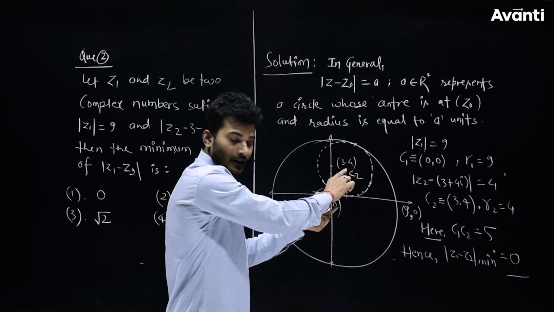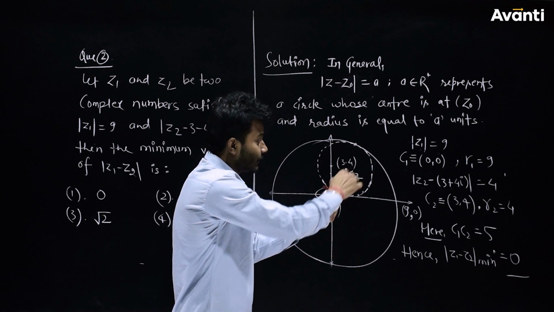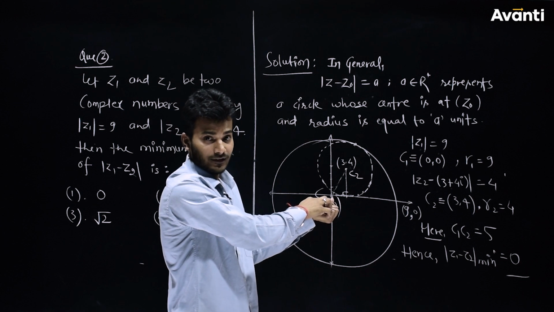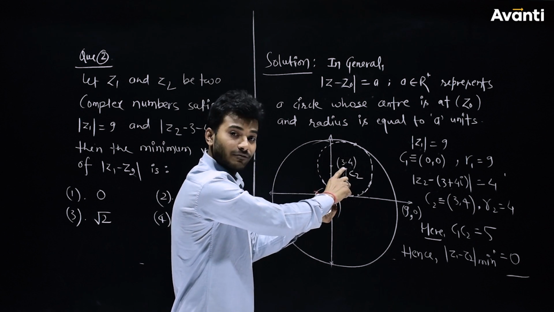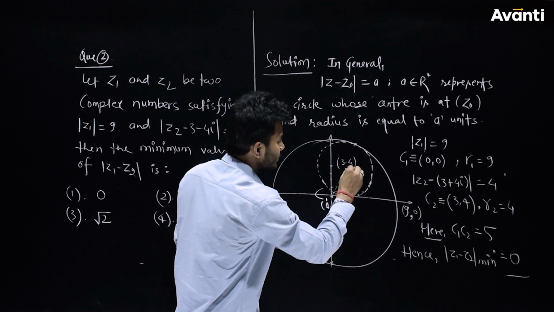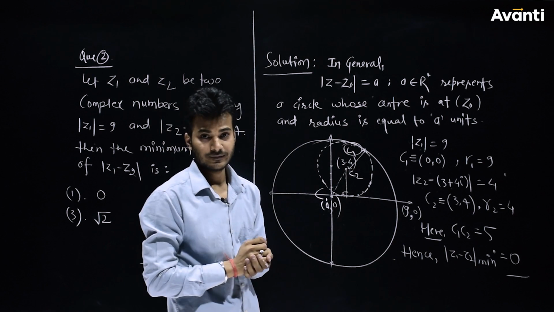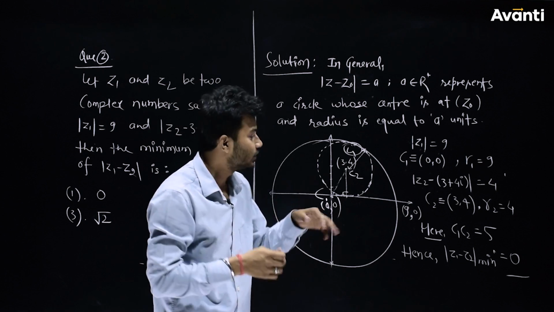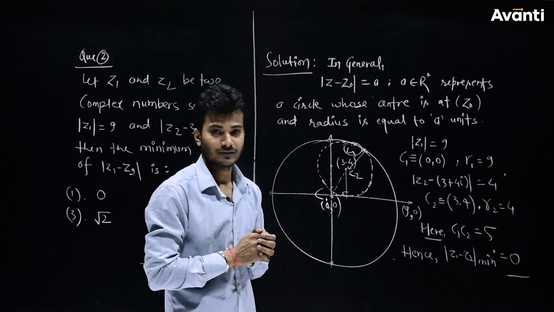Now here is the beauty of this question. This is 5, and this total distance was 9. If I subtract 5, what is left is 4. The leftover distance will be 4 units, and that is also the radius of the second circle, which is Z2.